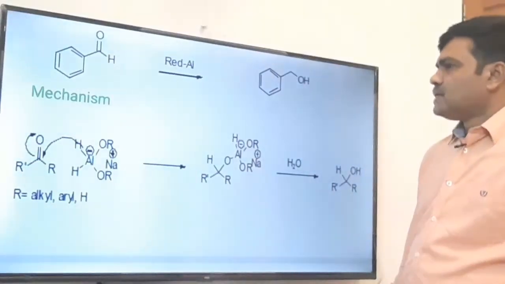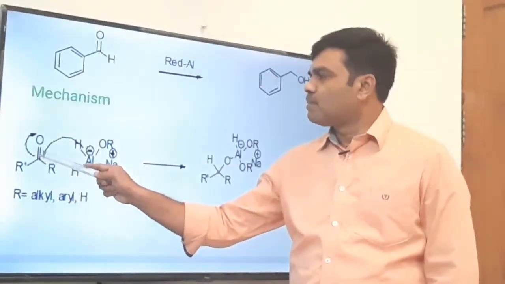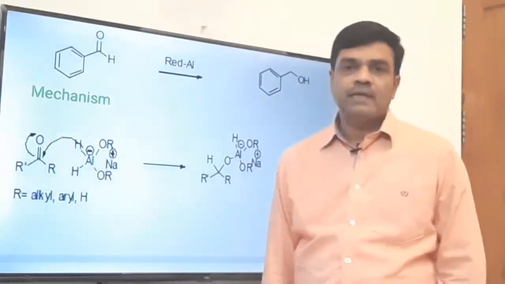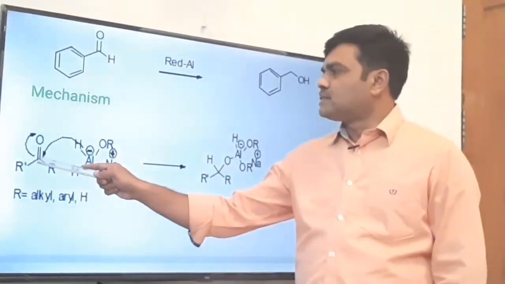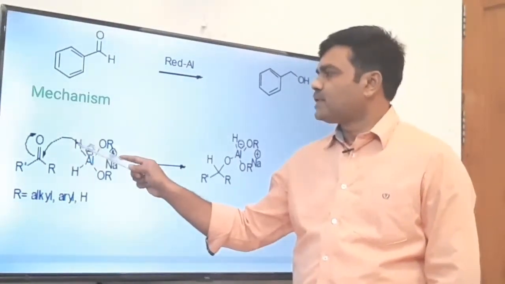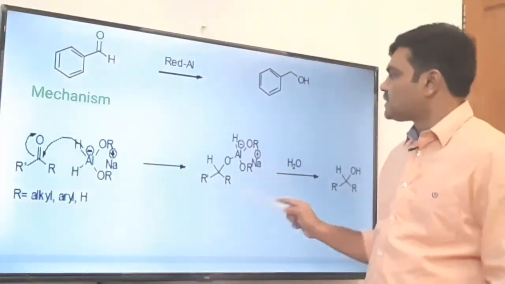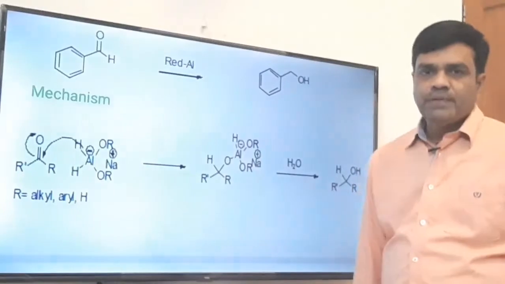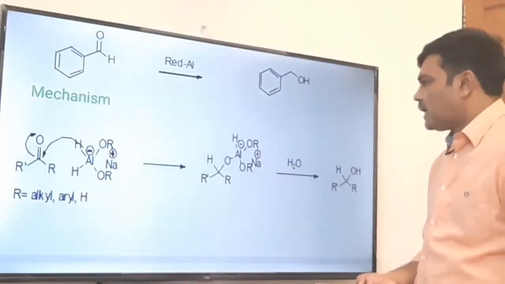This is the mechanism of conversion of ketone to secondary alcohol. In the first step, the aluminum, which is electron deficient, forms a bond as hydride ion is donated by this lithium aluminum hydride derivative to the carbonyl carbon.